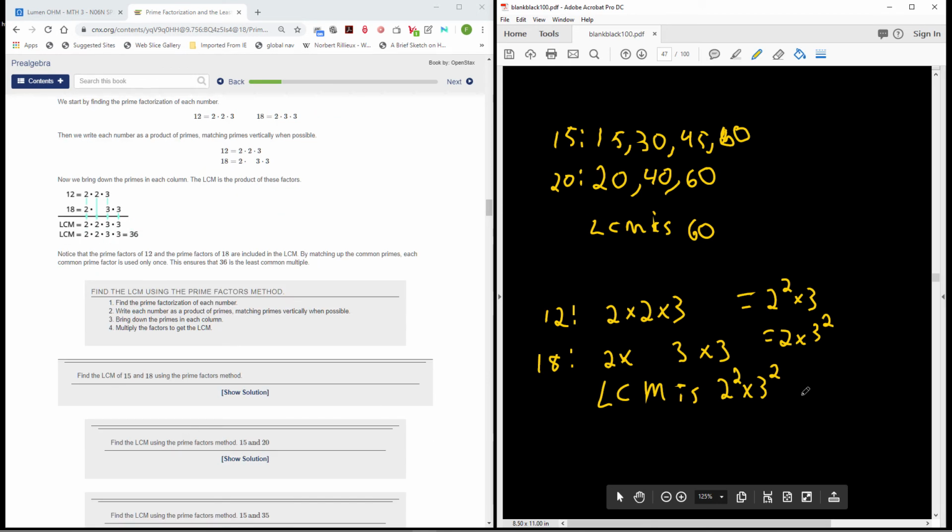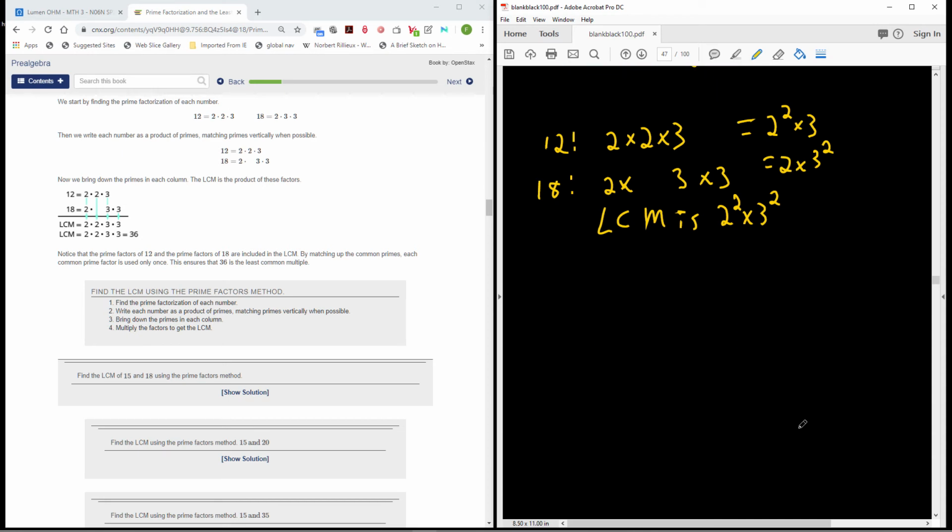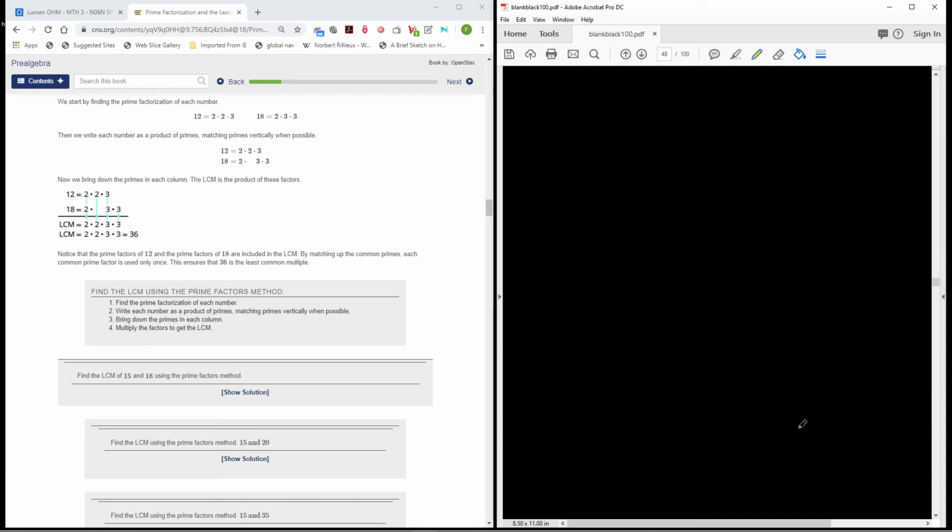Let's look at some others here. So now we have 15 and 18. Its factored form is going to be 3 times 5.